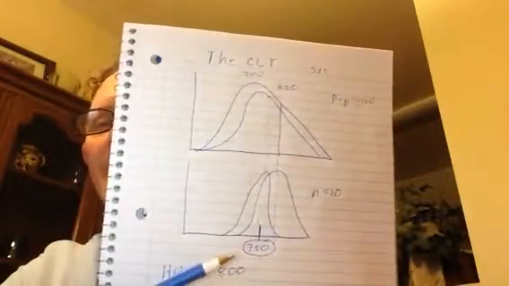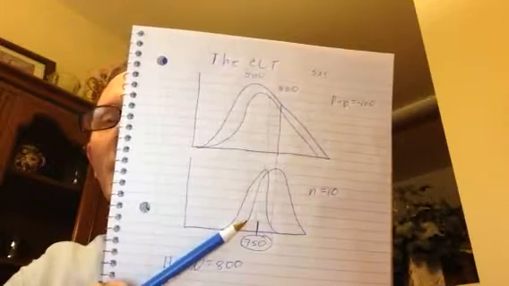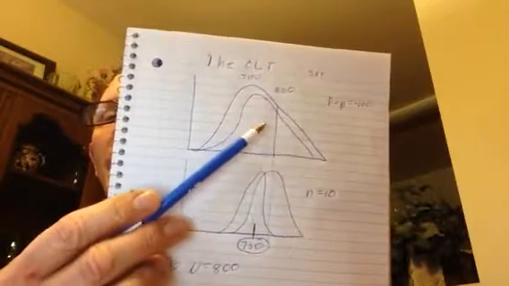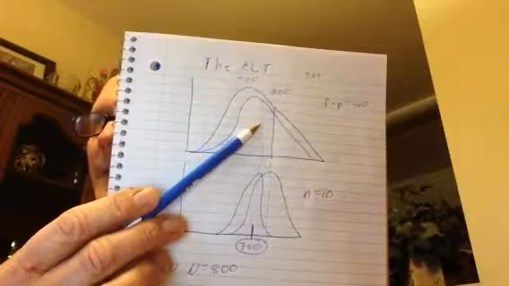Now, here is what is more likely. It's more likely that the sample of 750 came from this sampling distribution, which then came from a population mean which was only 750.